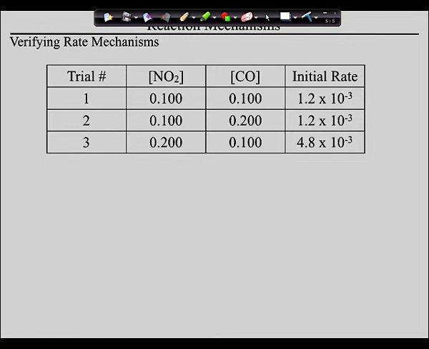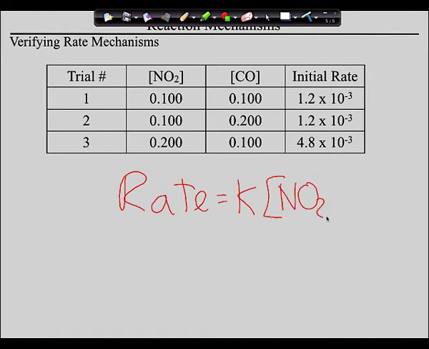You buy that? Okay. And from those two observations, we can then say that the rate law for the overall reaction would be this. Can I get an amen? Amen. All right. You know what that means, of course. We agree.